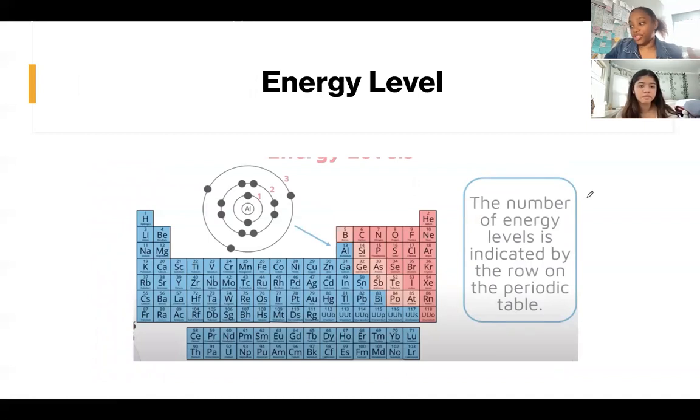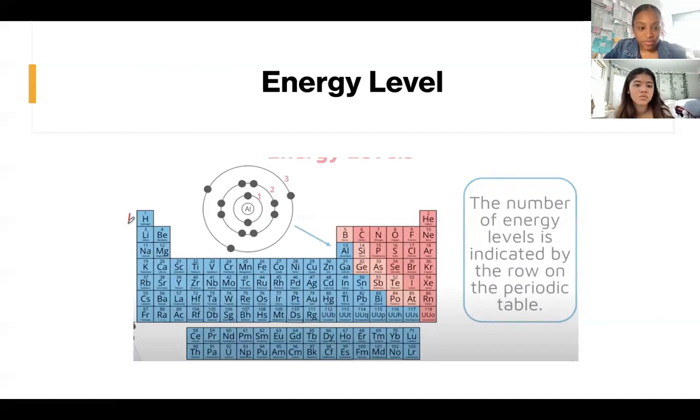We saw this when we talked about it. I'm sure you talked about the Bohr model before, right? Here you can see the different energy levels where electrons are located. The number of energy levels is indicated by the row down the periodic table.